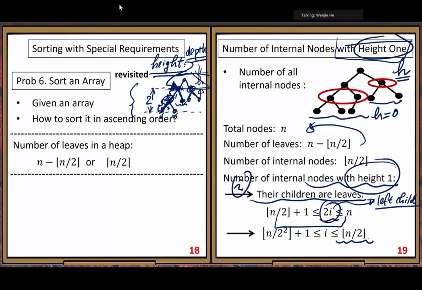If n over 2 is non-integer, then we have room to improve slightly on its upper bound, so we round it down. So you can understand we need to apply the ceiling function. Sorry, a floor function. Sometimes I pick the wrong one.